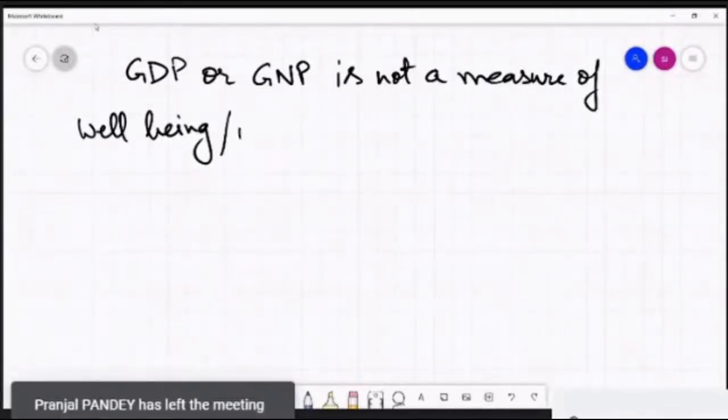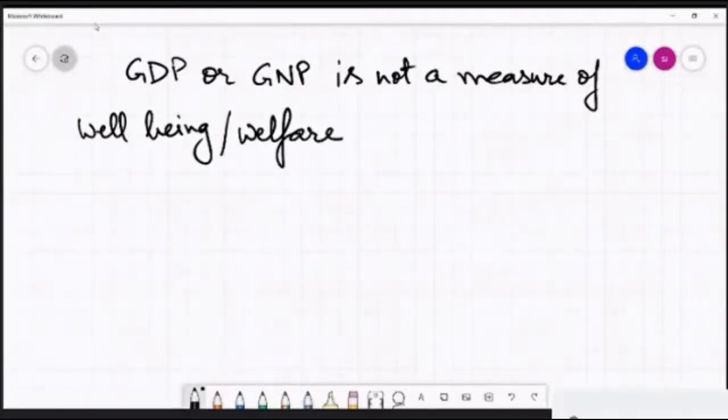Well-being or welfare. So it doesn't matter. But if you are thinking in terms of how income is generated or how production is taking place, so if the level of domestic production is quite high, then GDP reflects it better. But if you have a larger dependence on export, import, and foreign countries, then GNP is better.